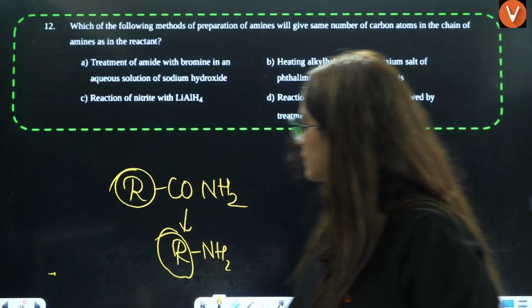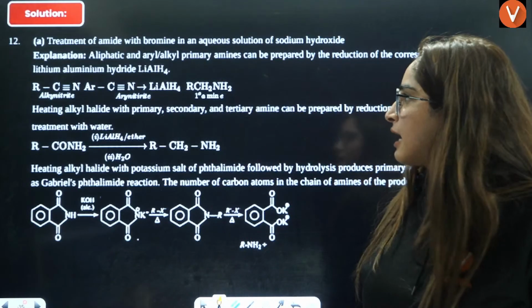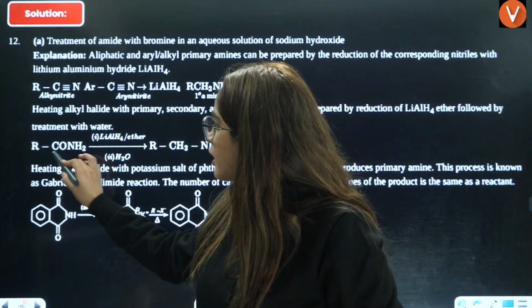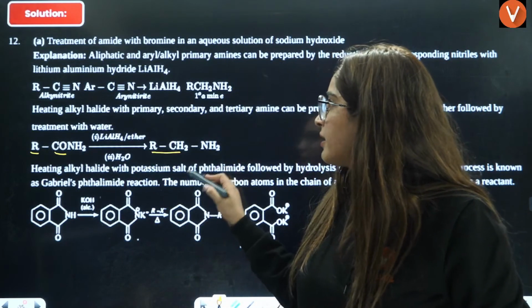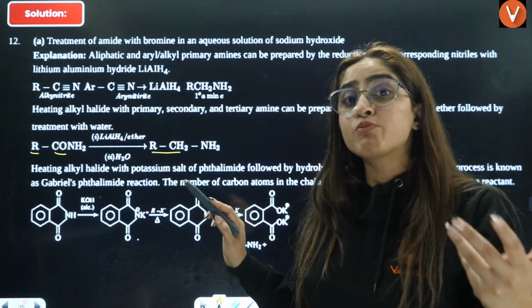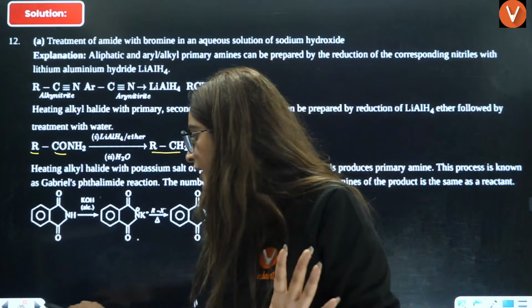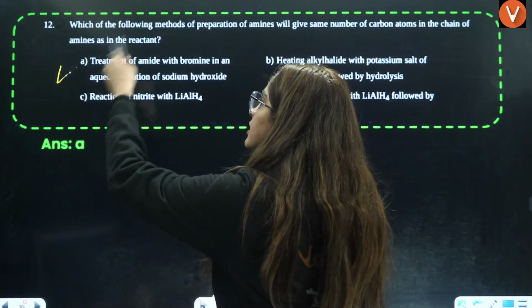So the answer should be A. Here it has R, and here it has R plus 1. Only in Hofmann bromamide degradation will the alkyl chain remain the same. Okay, understood? Answer A is the correct answer.